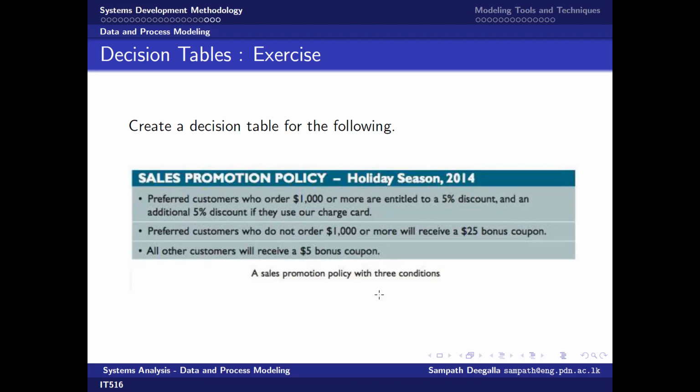So irrespective of preferred customer or not, yes, you are right. So that means there are three conditions. Good that you have pointed it out. So there are three phases here then. We have three conditions. The first one is the preferred customer.